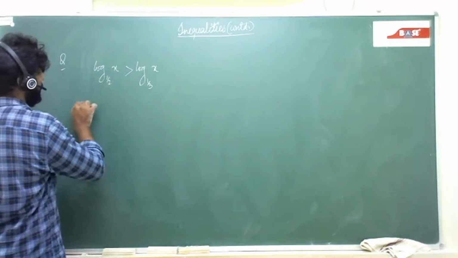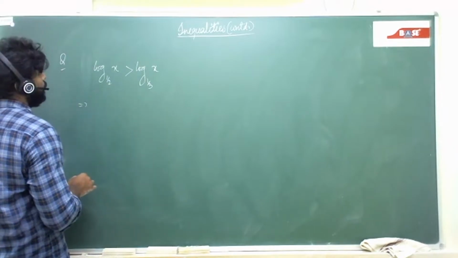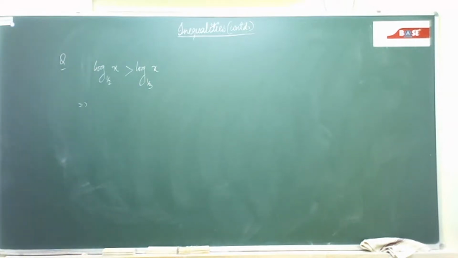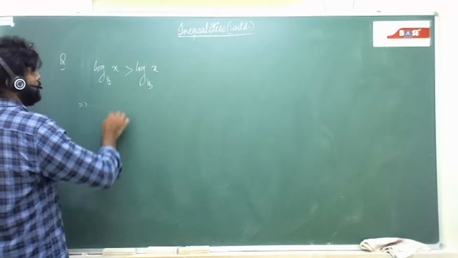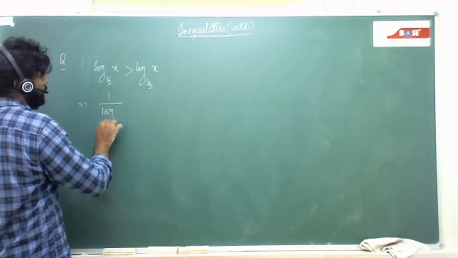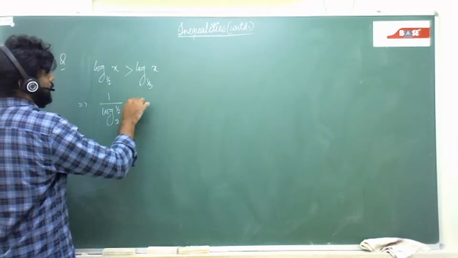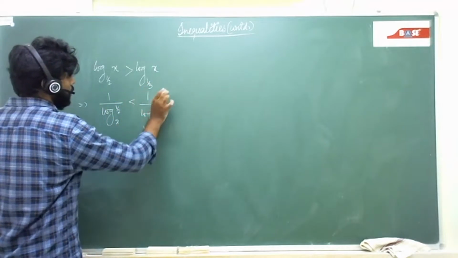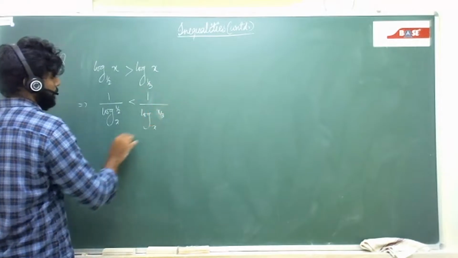What we'll do, we can write it like this. Less than 1 upon log 1 by 3 base x.